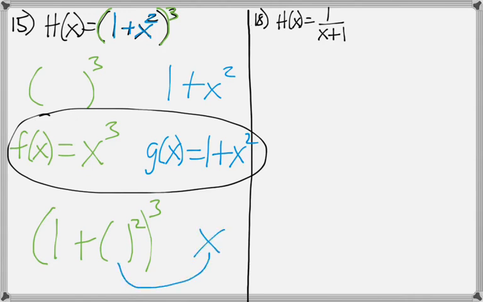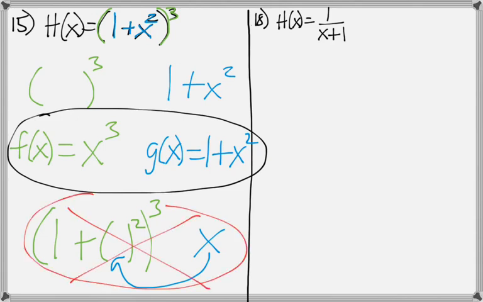Now if you plug x back in here, you do get the original function, but this doesn't really help us when we get to calculus and calculus 2. So that's why it's not allowed. So we want to break it up into two different functions. Having one of them be just the original function, having one of them be x is not going to help out at all, even though it actually works when you plug one back in.